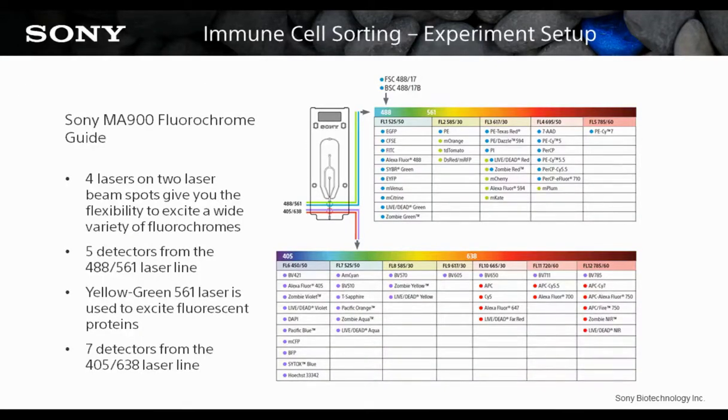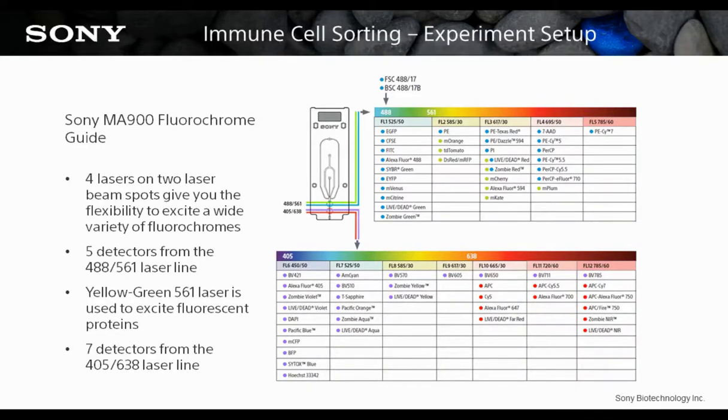Perhaps the question users ask is how many lasers and detectors does an instrument have, and what is the optical layout of the system? Here are the fluorochrome choices for MA900. This instrument has 4 lasers with 488 and 561 on the first beam spot, and the 405 and the 638 on the second.